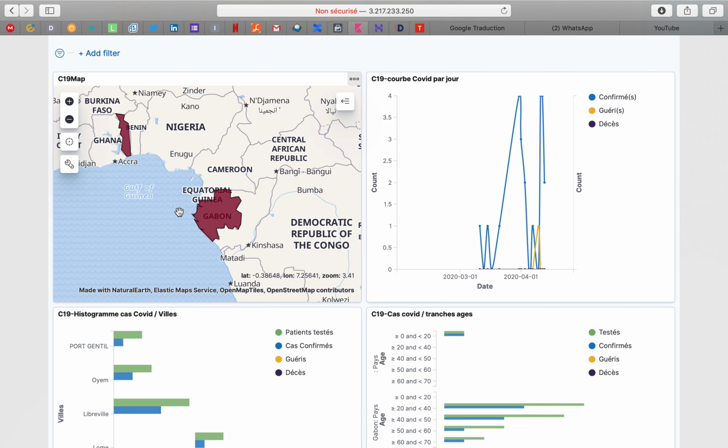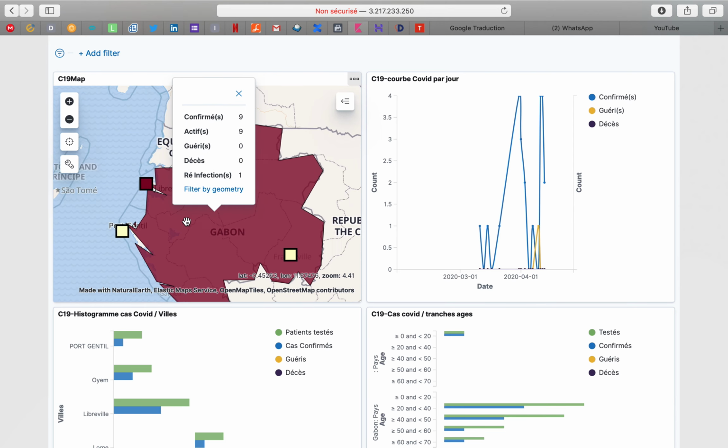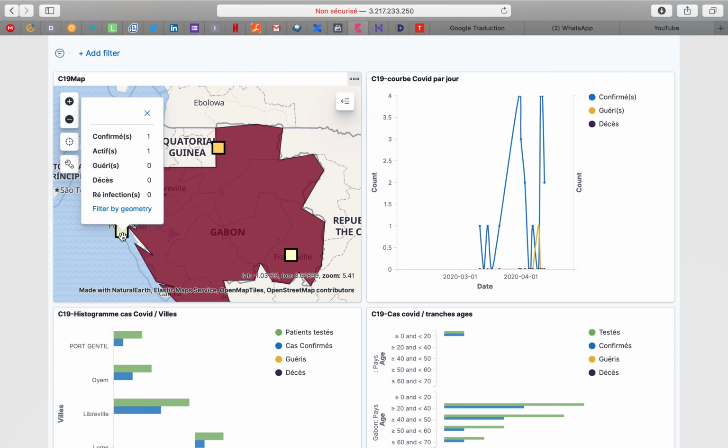You just have to move the cursor to have the detail of the statistics by country, by city. For example, if I choose here Libreville, Port-Gentil, and so on.